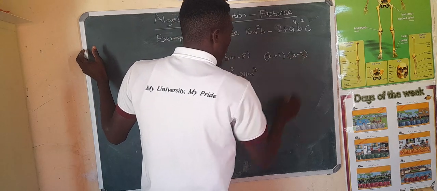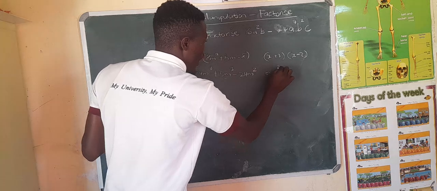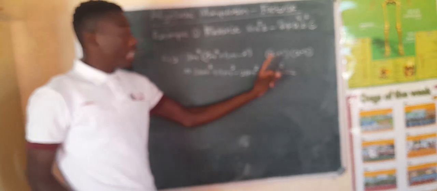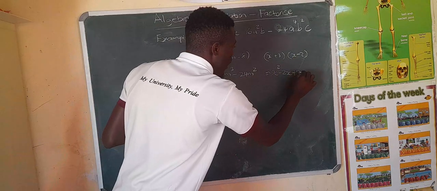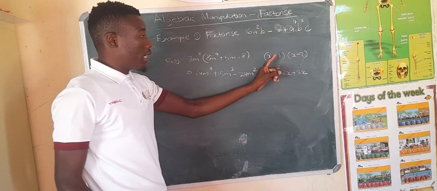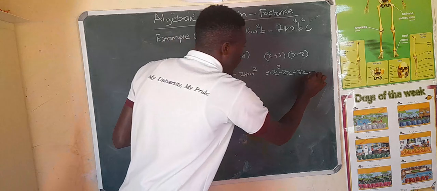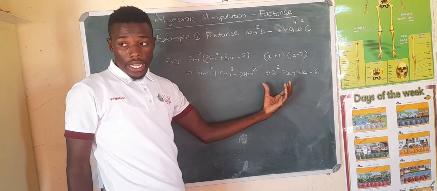(X plus 3)(x minus 2). We have also expanded the bracket like this, whereby we are going to get x times x, we get x to the power 2, and then x times negative 2, we get negative 2x, and then 3 times x, we get plus 3x, and then 3 times negative 2, we get what? Negative 6. And then here, you can collect the like terms, right?